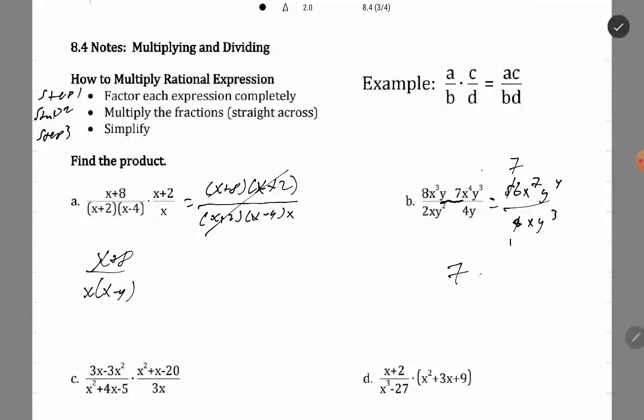And then x to the 7th over x is x to the 6th. Y to the 4th over y to the 3 is y to the 4 minus 3, which is y to the 1st. So I'm just left with 7x to the 6 y. Okay.